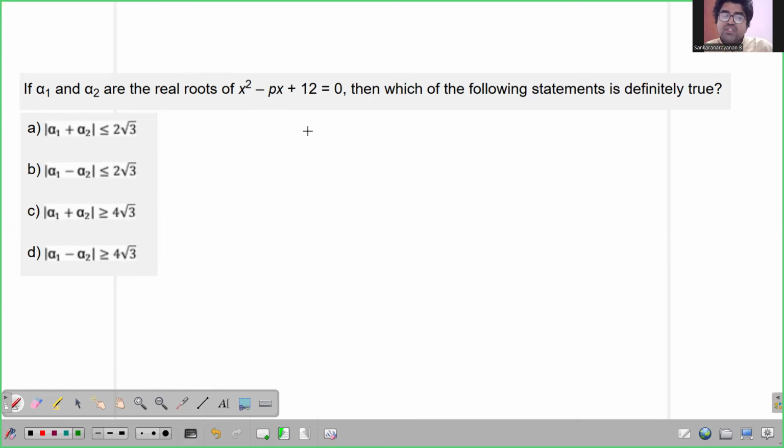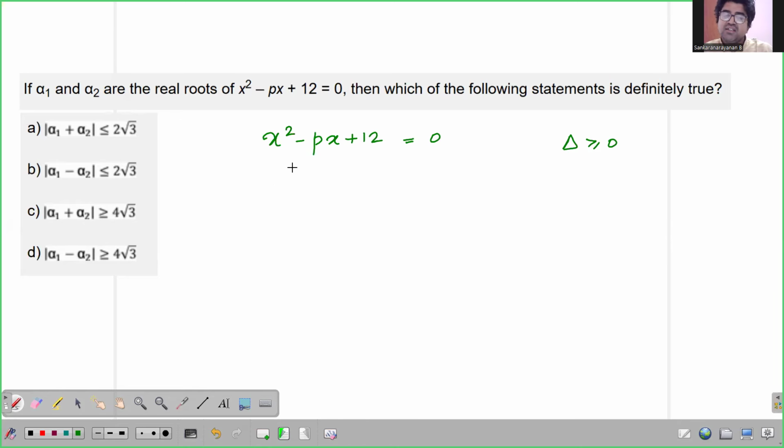For the quadratic equation x square minus bx plus 12 equal to 0, the discriminant will be greater than or equal to 0. When the roots are real, the discriminant value is non-negative. If the roots are imaginary, the discriminant value will be negative.